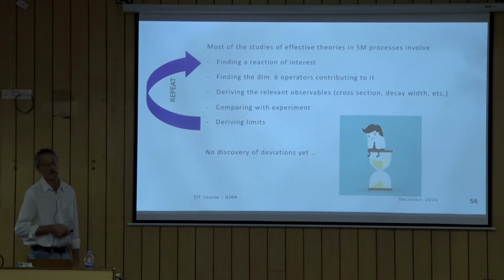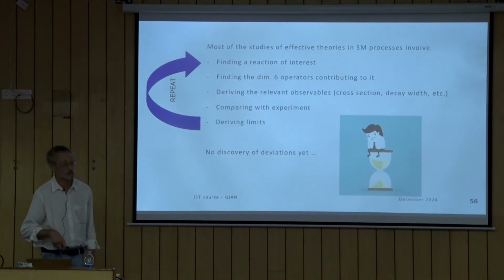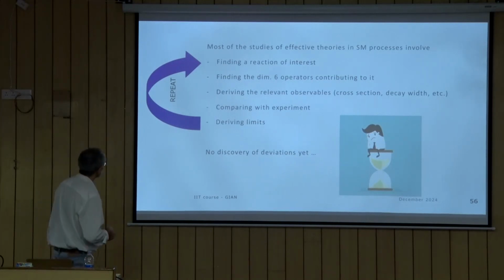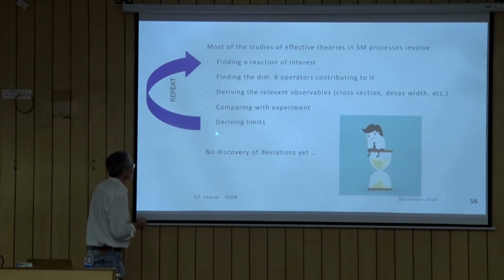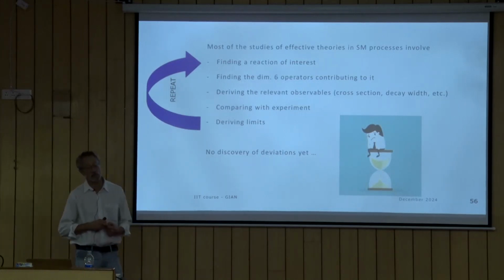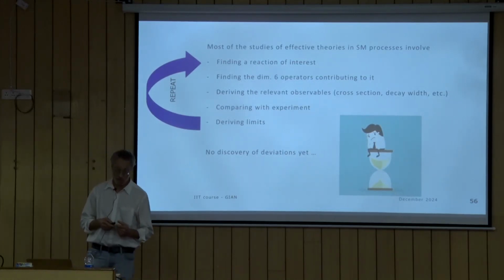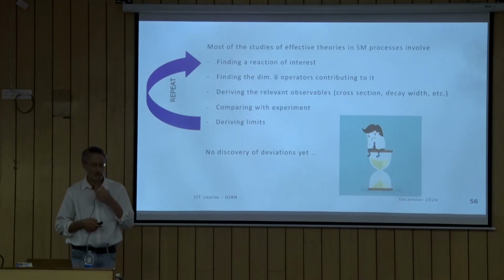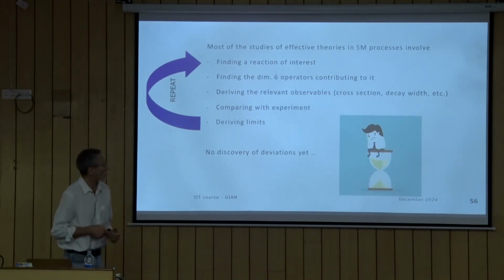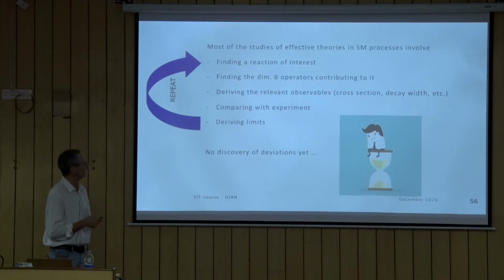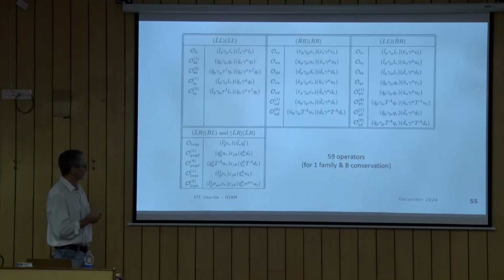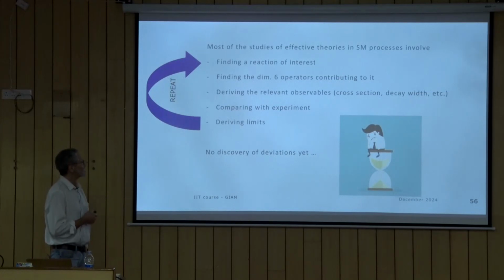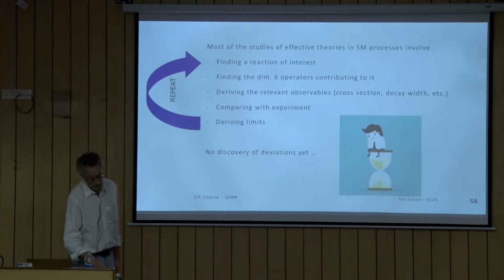You derive whatever relevant observables are needed, cross-sections, decay widths, whatever. And then you compare with experiment, and from it, you find deviations. And if not, you find limits that constrain the operators at hand. And then you repeat. At the moment, there's no discovery of deviations yet, so we're still doing this little circular thing. You might think that this is kind of rather uninspiring.